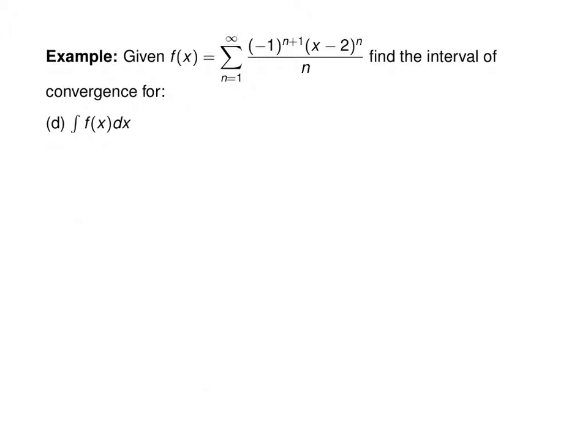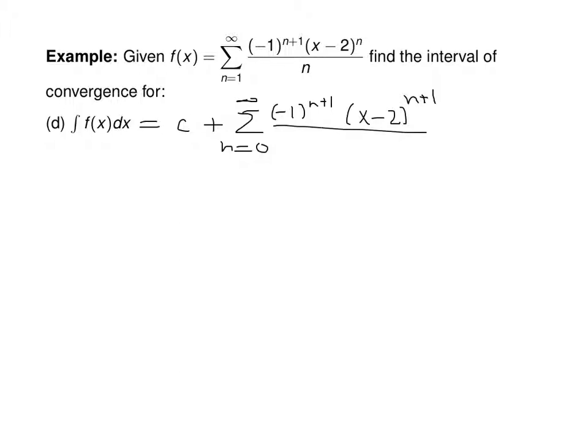And lastly, let's find the interval of convergence for the antiderivative of this function. The antiderivative of this function will be some constant c plus the sum from n equals 0 to infinity, (-1)^(n+1), and that will be now (x minus 2) raised to the n plus first power over n times n plus 1.